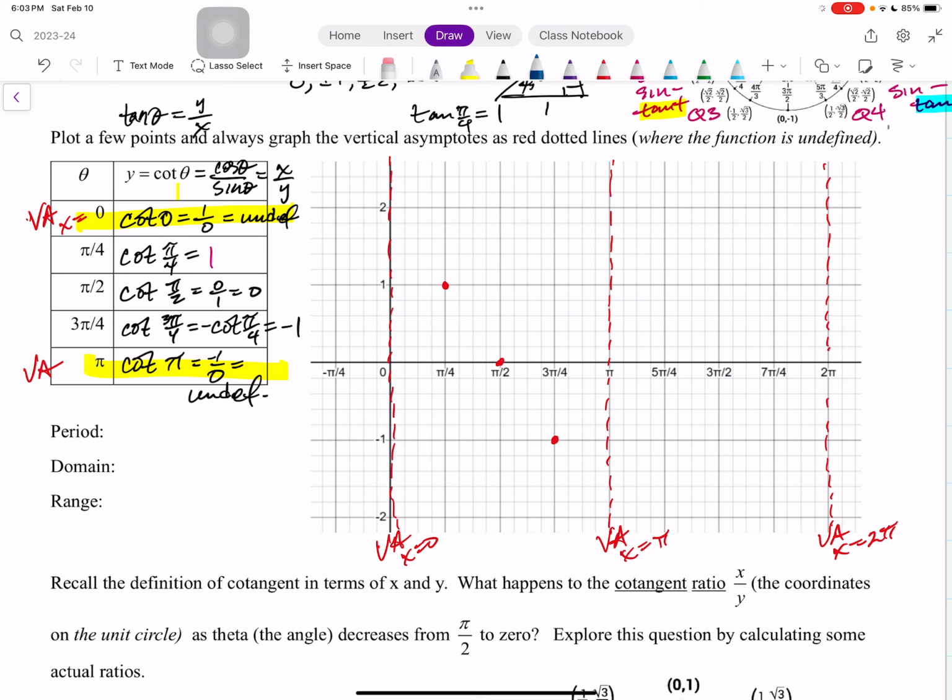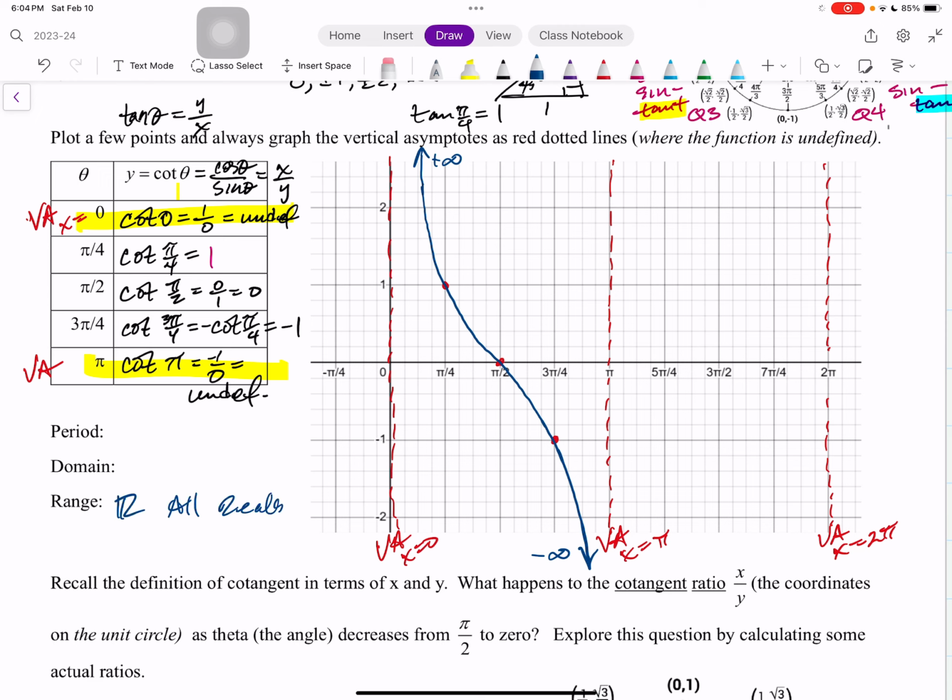What happens is the function goes through these 3 points, and it's also asymptotic to these lines. So it goes infinitely up, just like tangent does, and it goes infinitely down. So the range is all reals.